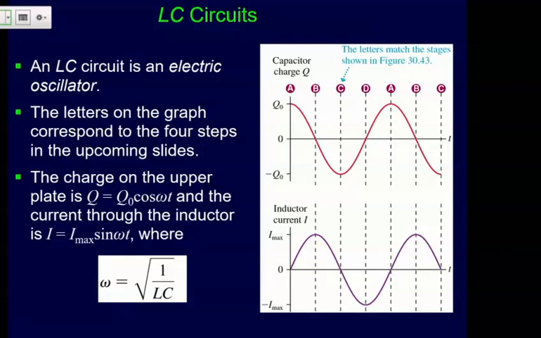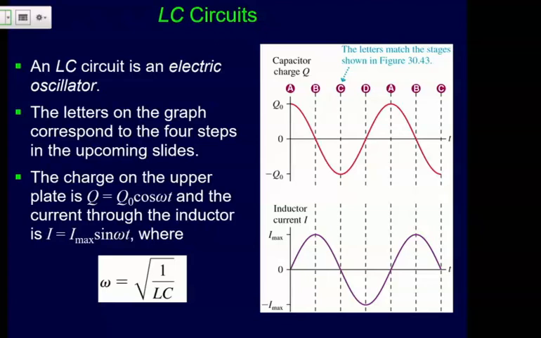Okay, and so here's how this would look. So here's our sort of pictures here. Here would be the charge on the capacitor as a function of time. We know that that's here, so we'll call this thing here Q0. That's the charge at time 0.